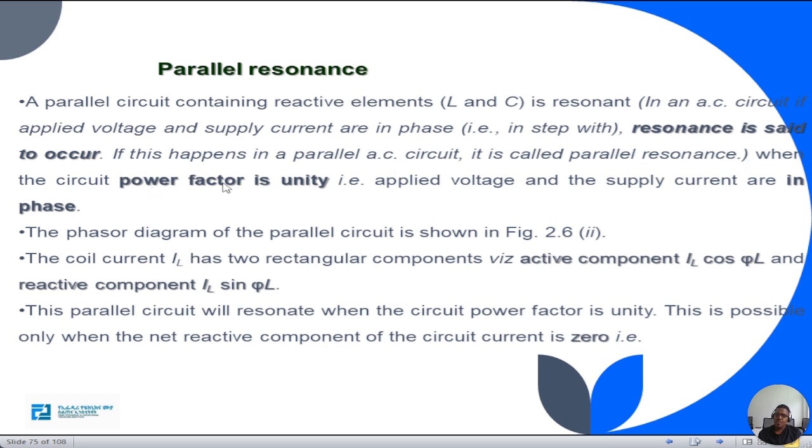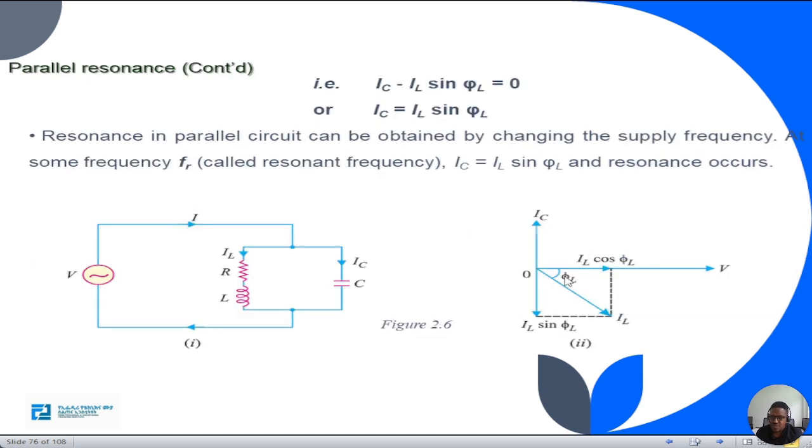When the circuit power factor is unity, XL is balanced with XC, and we get the resonant frequency. That means the applied voltage and supply current are in phase. The phasor diagram of the parallel circuit is shown in the figure.